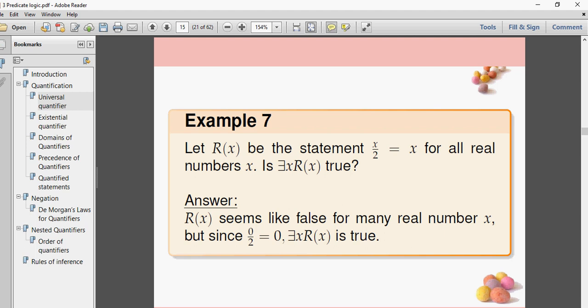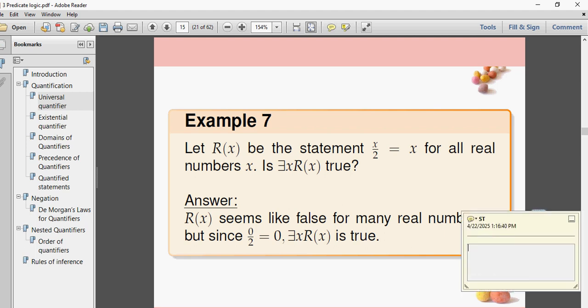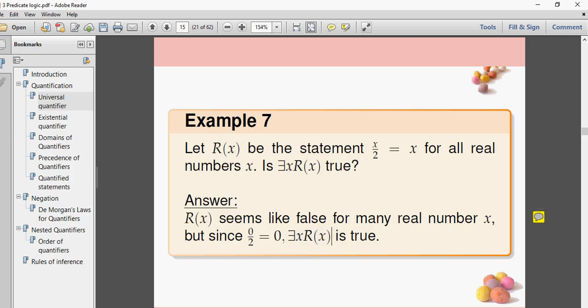Let's try: 2 divided by 2 is 1, 4 divided by 2 equals 2. So it looks like for all real numbers it is false, but since 0 divided by 2 equals 0, there exists one element that is true. So this proposition is correct.